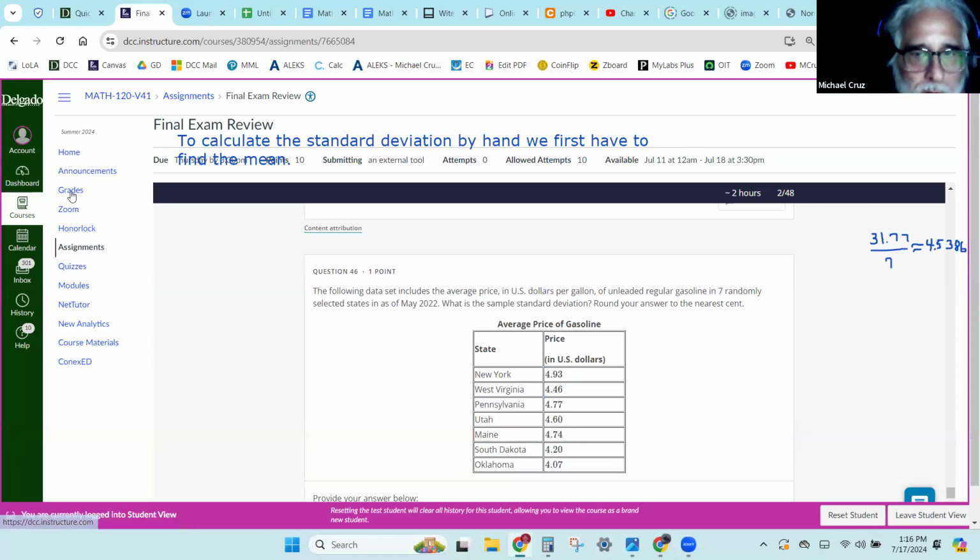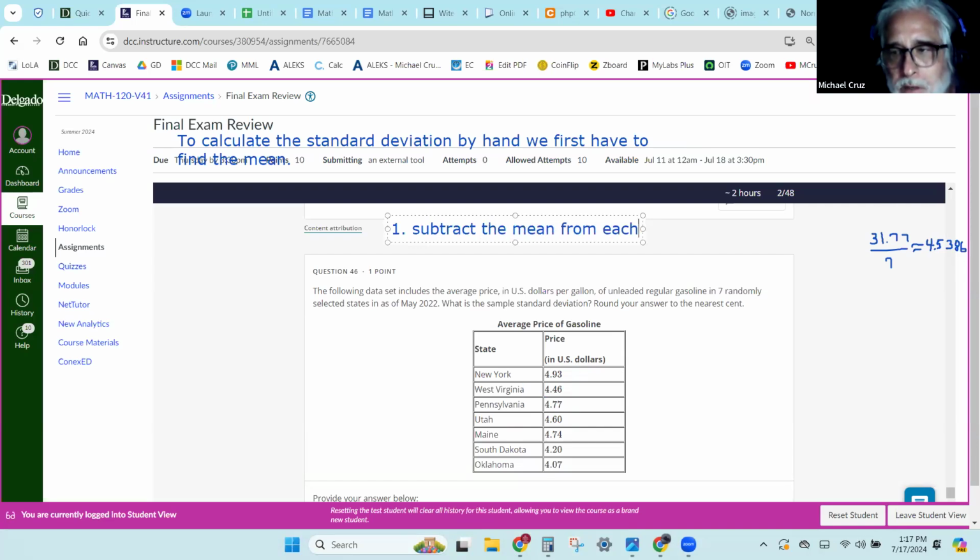All right. Now what I'm going to do is make a chart, right next to this. I'm going to subtract the mean from each data value. And that's what we call the deviation.